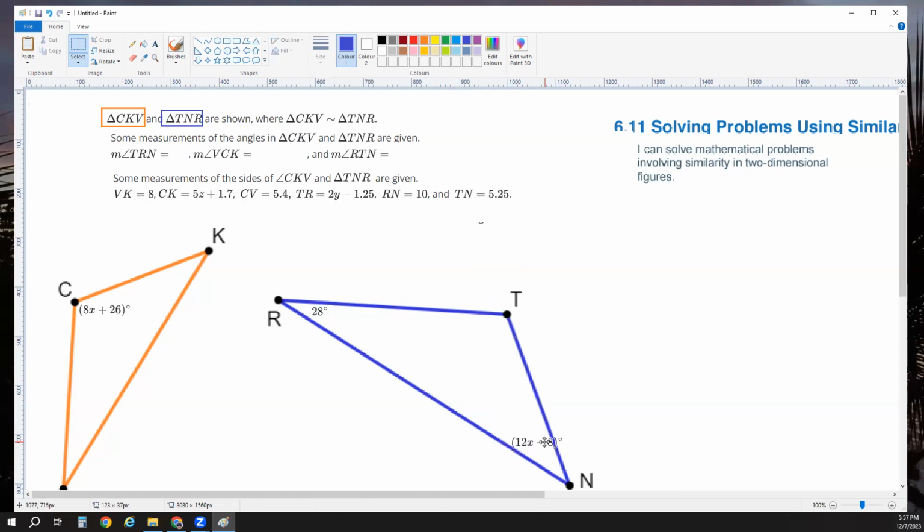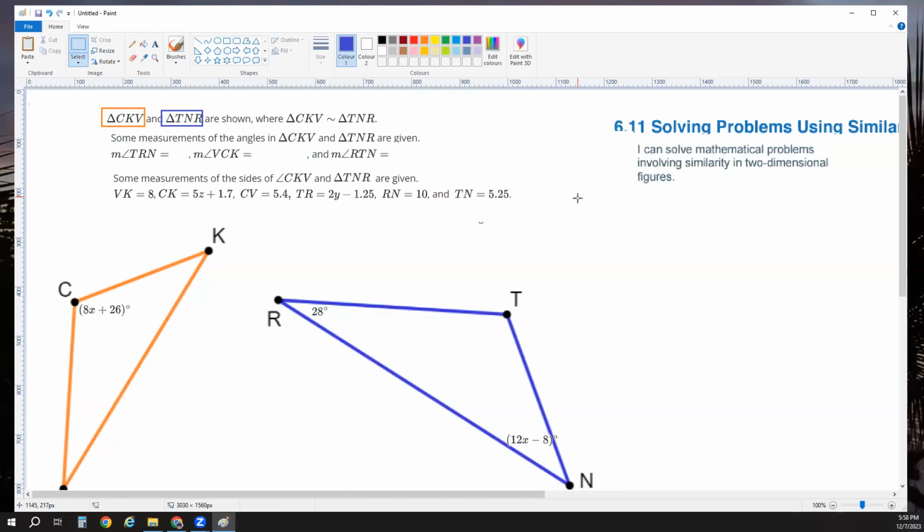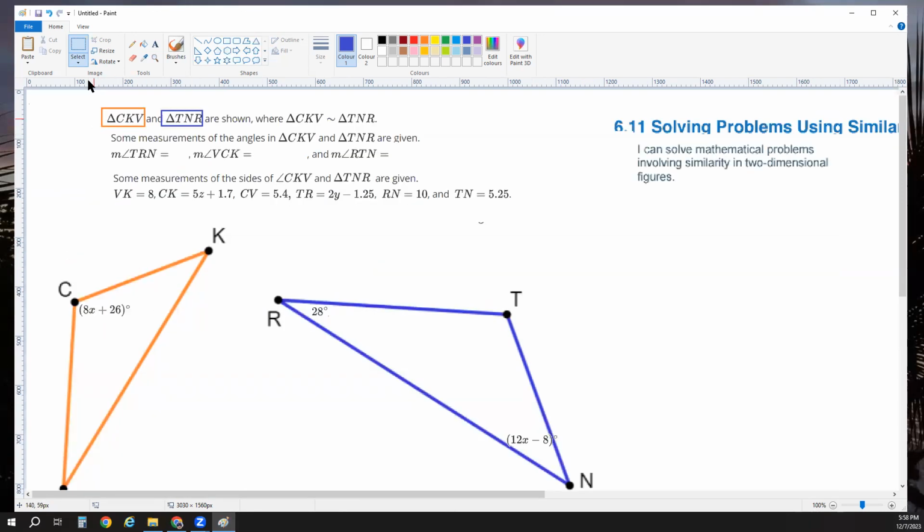Okay, so let's deal with our angles first and see if we can figure out all the angles here. We have similar shapes, so if you remember what we know about similar shapes, the angles of similar shapes are equal to each other, right? So let's take K here, and maybe I'll rotate it right 90 degrees.